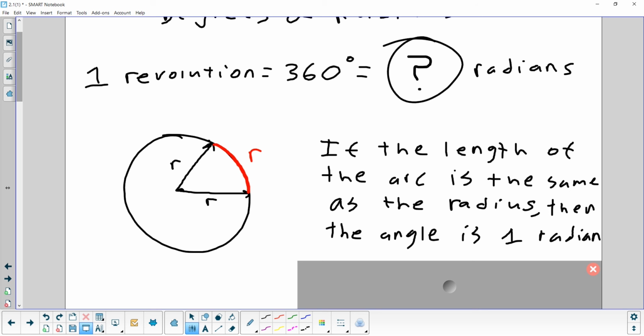So that doesn't answer the question about how many radians are in a degree. It's more of a visual to think about what a radian would look like. An arc that's exactly the same size as the radius. All right, any questions on that?